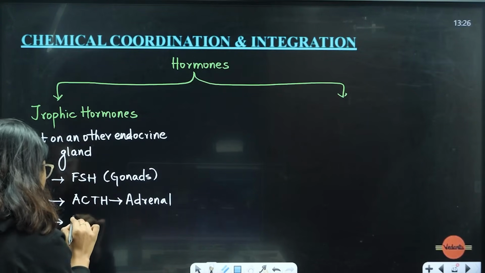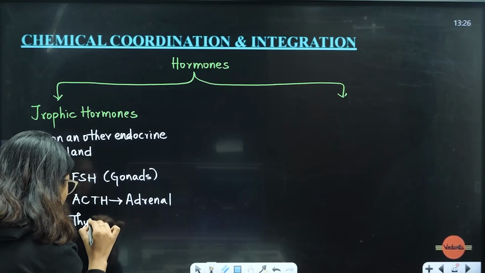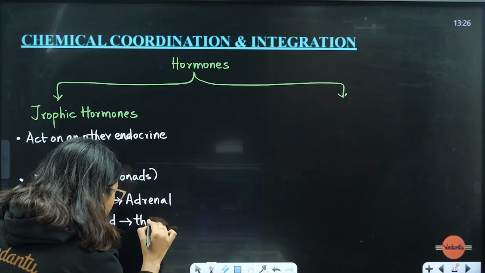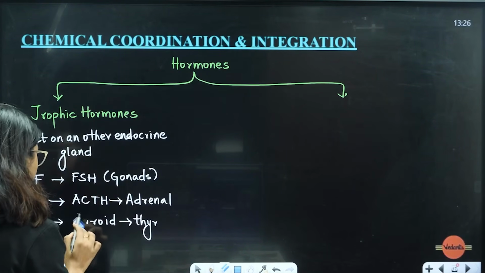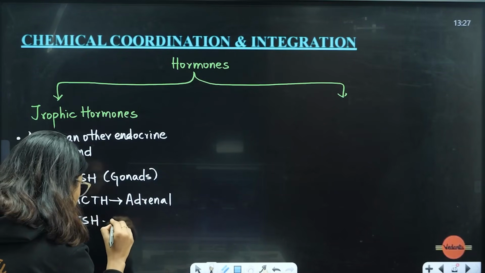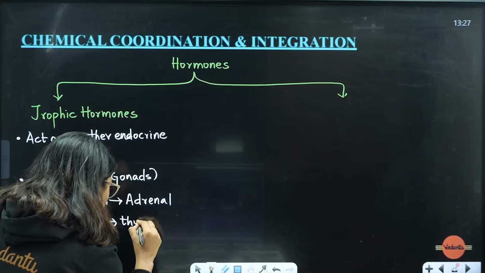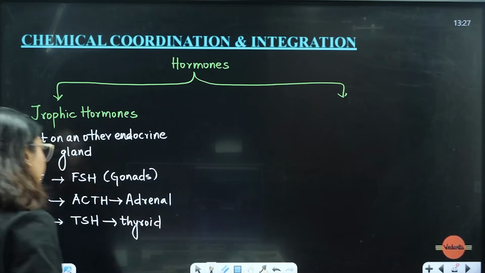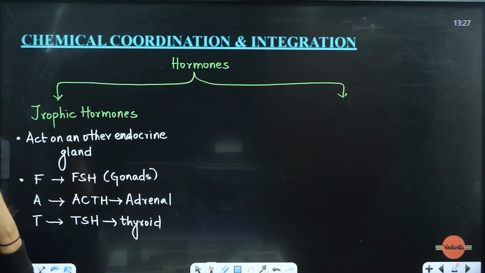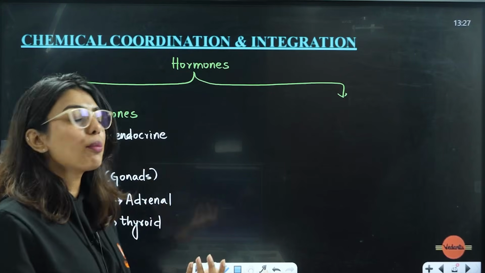Then we have T, which is your thyroid. This is going to attack your thyroid gland. I'll write here TSH, which is going to stimulate your thyroid. So you can see, they act on other endocrine glands, and that is why these are all acting elsewhere. So these are our tropic hormones.